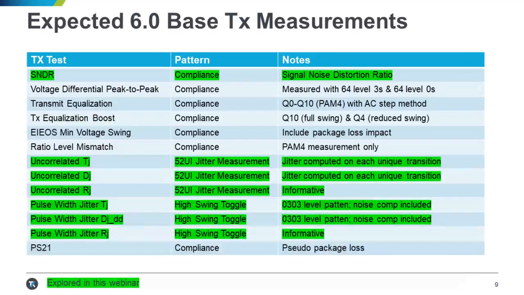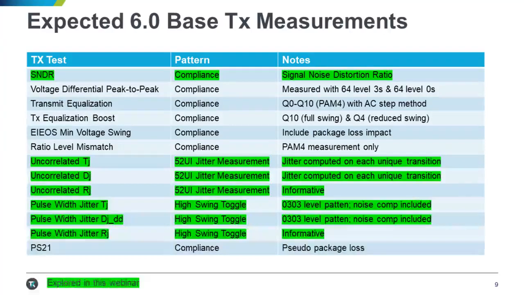We've done a lot of work in this area, and other member companies within the PCIe SIG have been looking into these. So these are the ones we'll focus on today. That's SNDR, the signal to noise distortion ratio, uncorrelated jitter, and definitions include total jitter, deterministic jitter, dual Dirac, random jitter, and then we've got the pulse width jitter as well, TJ, DJ, DD, and RJ.